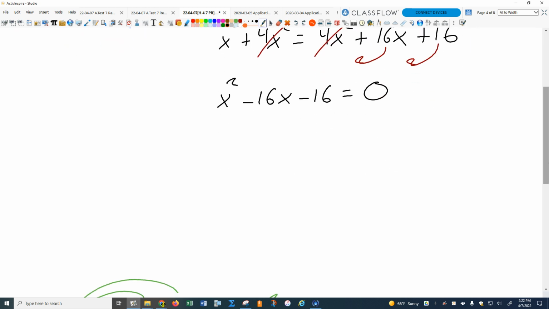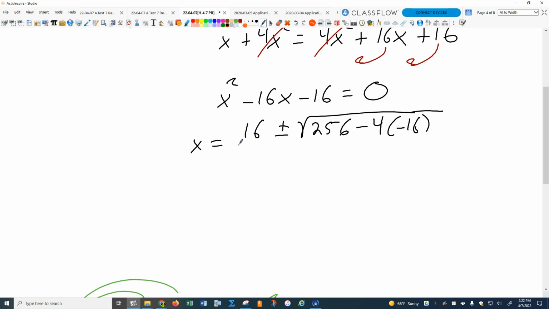So now we can't factor that conveniently. There are no numbers that conveniently multiply to negative 16 and add to negative 16. So we're going to have to use the quadratic formula on this. So we get x equals negative b plus or minus the square root of negative 16 squared, which is 256, minus 4 times 1 times negative 16, all divided by 2.